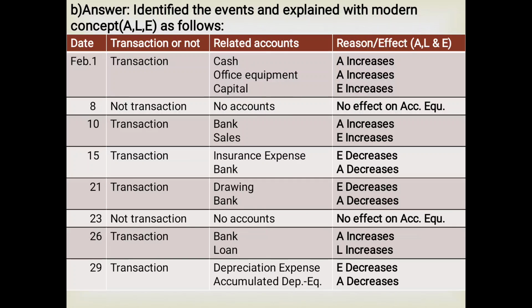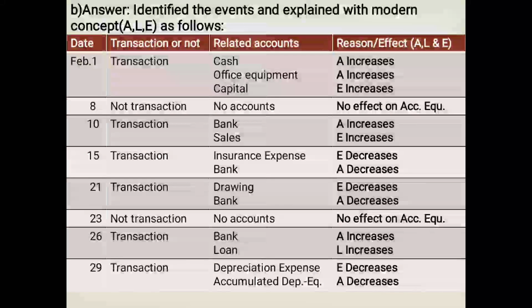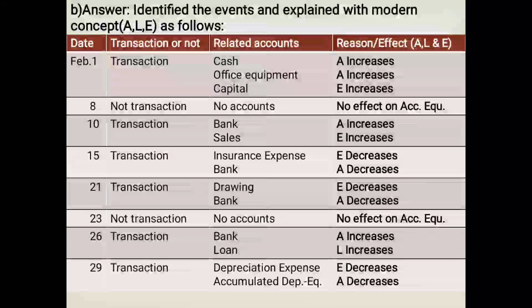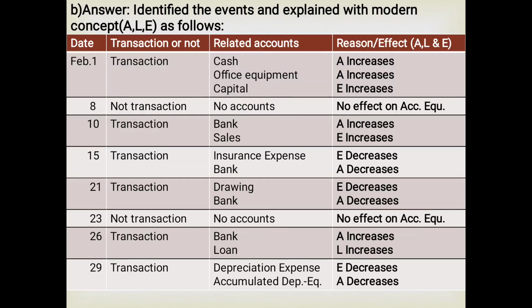Office equipment: started business with office equipment, so office equipment is in the business. When office equipment increases in the business, then asset increases. And the overall total amount is capital, and capital is increased in the business, then equity increases.